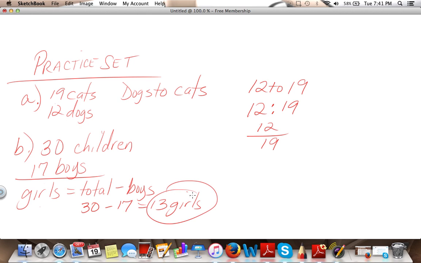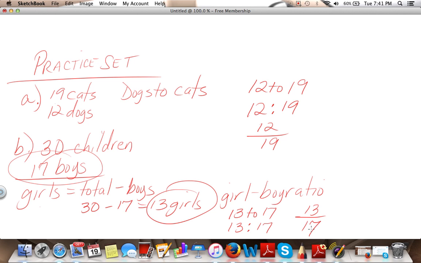Okay? So we have 13 girls, 17 boys. And they want to know the ratio of girls to boys. So girl-boy ratio is going to be 13 to 17, or 13 to 17, or 13 to 17. Okay? So that's letter B.